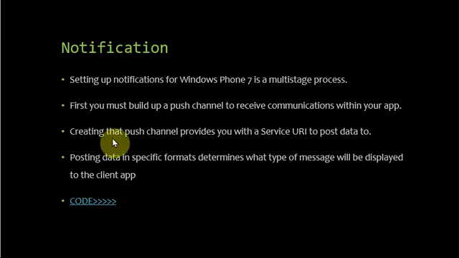Then after that is done, you create that push channel, which provides you with the service URI to post data to. Posting data in a specific format determines what type of message will be displayed to the client. So these are the different steps under notification.